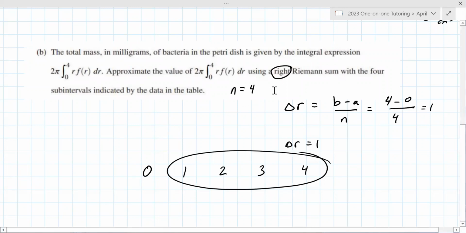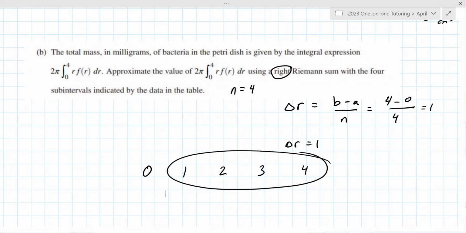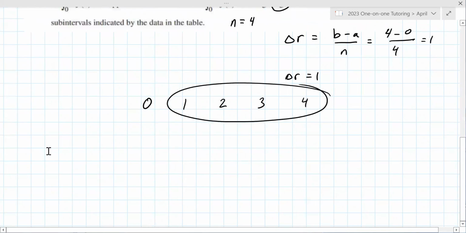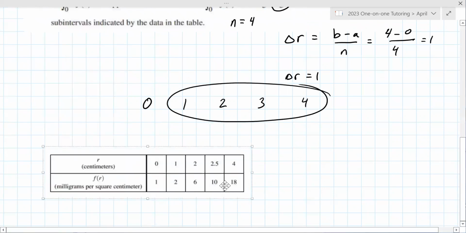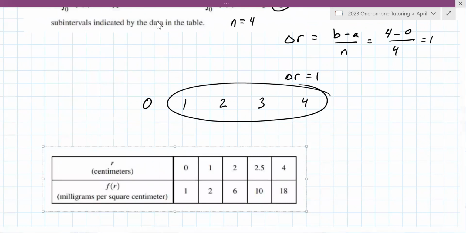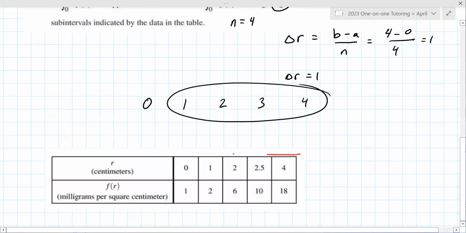This is true if we're using some sort of a function. Because we're using a table, it's not quite the same, fortunately. They really make this a lot more complicated than it should be. The only mapping that's the same is that you are using these values right here, but your delta r is not always 1.